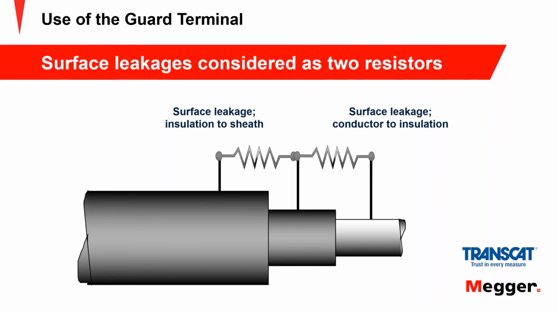And the more moisture and contamination there is, the more current will travel across the surface. You may want to have that in your reading, and you may want to take it out. So the guard terminal gives you the opportunity. You don't have to do it, but it does give you the opportunity to deal with this.